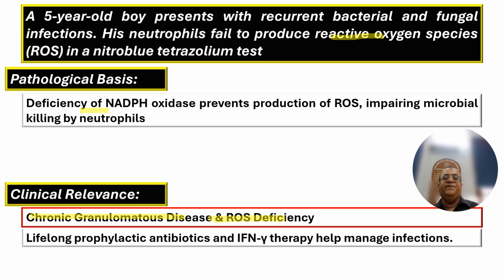There is deficiency of NADPH oxidase that is responsible for the production of reactive oxygen species, and due to this deficiency there is impaired killing of the microbe. In this condition, lifelong prophylactic antibiotics and gamma interferon therapy are used to manage the repeated infections.